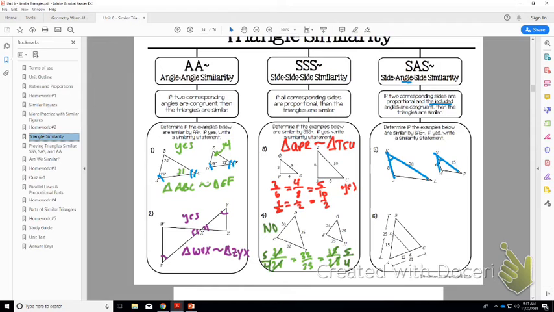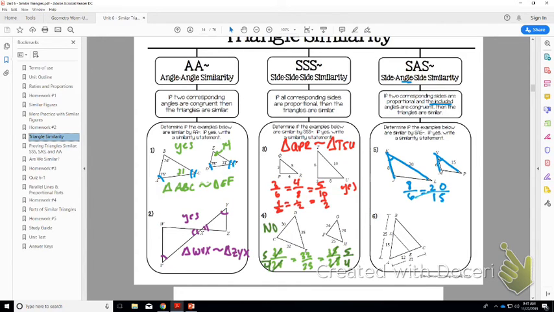So is the angle in between included? Yes. Okay, so let's set it up. We're going to have 8 to 6, and then 20 to 15. This would be a real quick cross product. Let's do that.